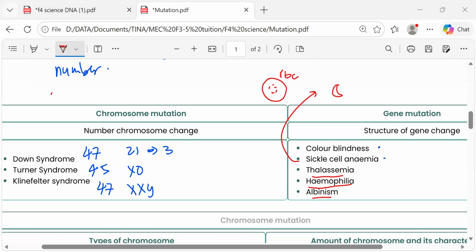I don't think it's a common gene in Asians.